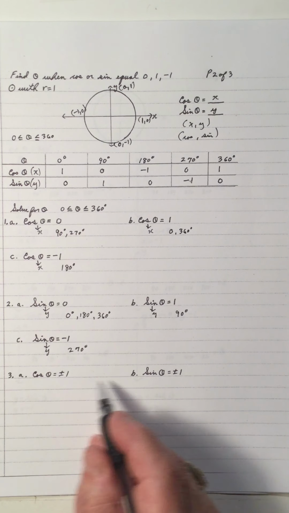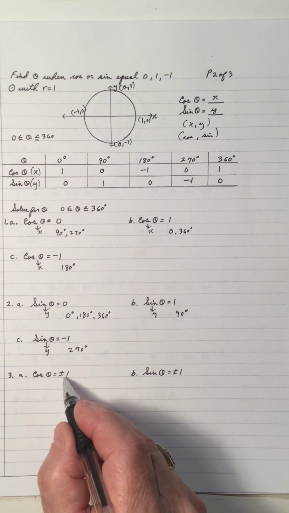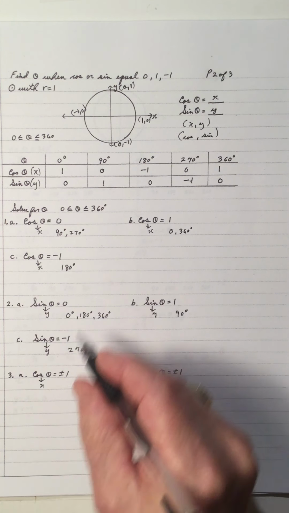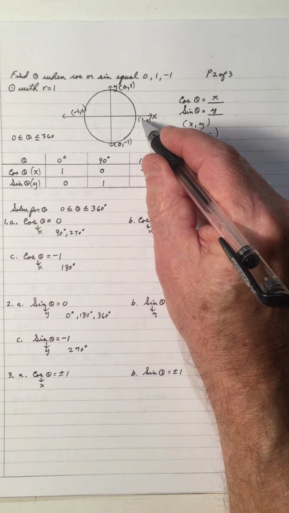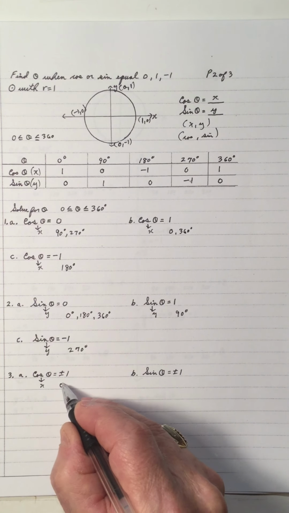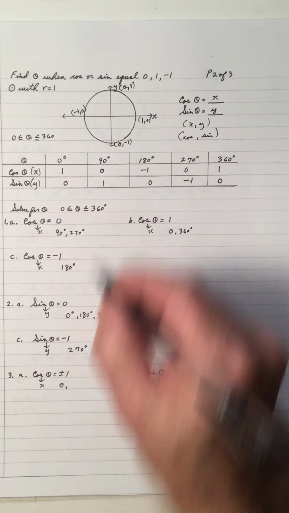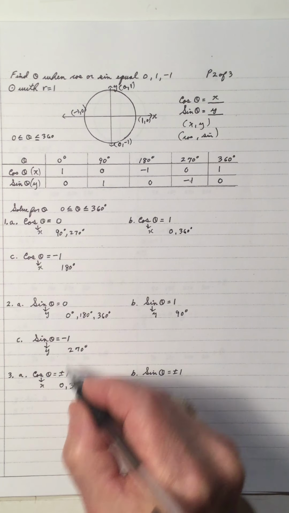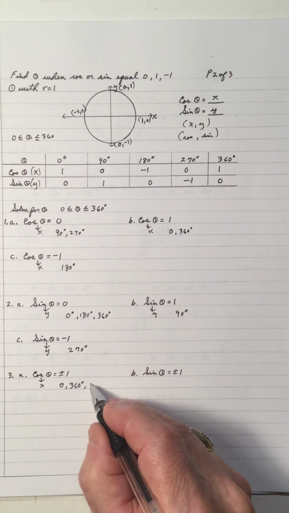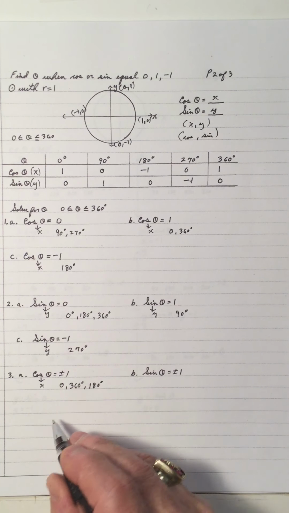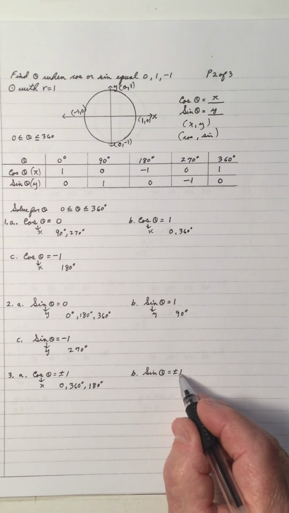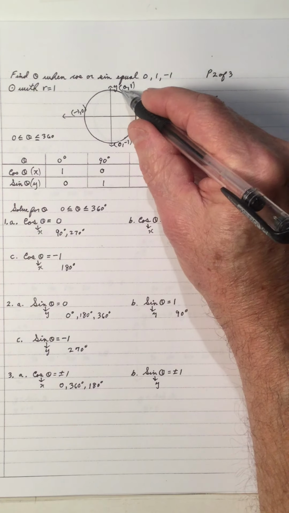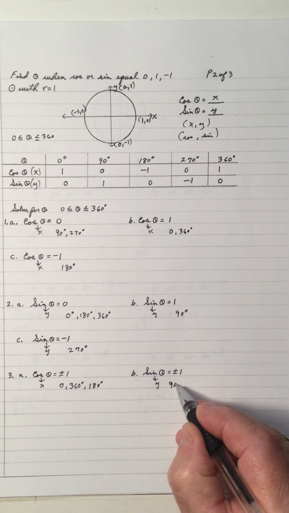And another similar question, where's cos plus or minus 1? Cos is the x. So where's x 1? At 0, and all the way around to 360. And where's x negative 1? At 180. And where's sine plus or minus 1? Sine is the y. So where's y 1? At 90.